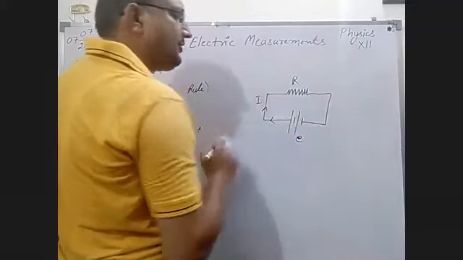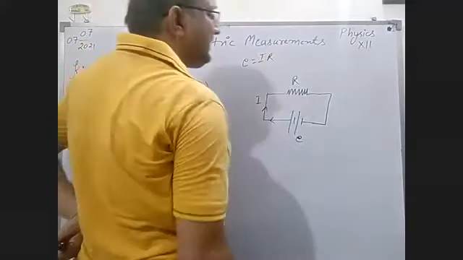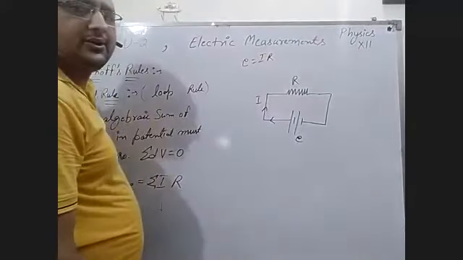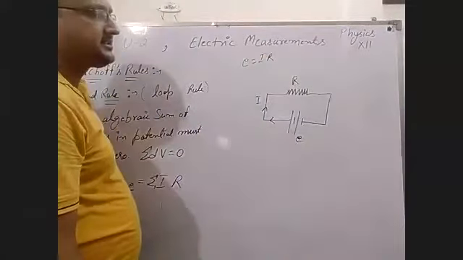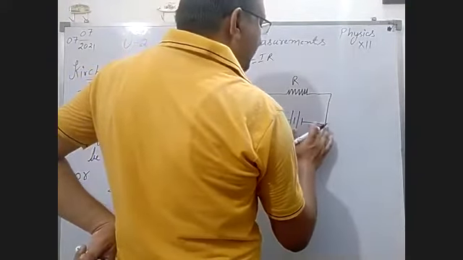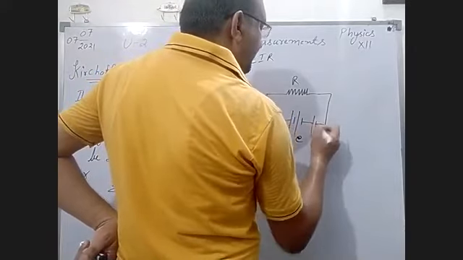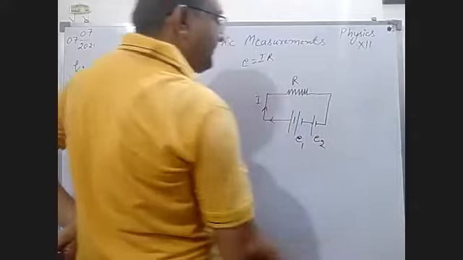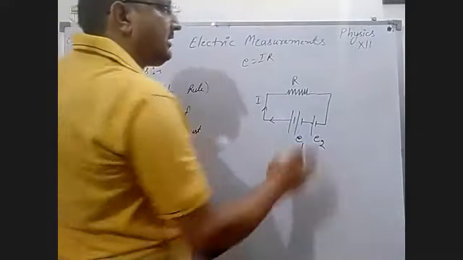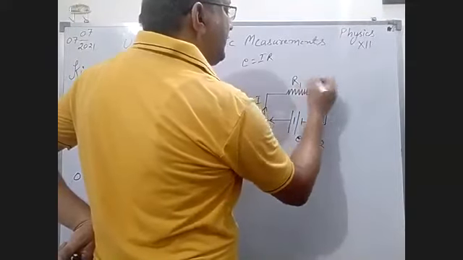By Ohm's law, you can write E is equal to IR in this case. But suppose if you have two batteries here, E1 and E2 in this way, and suppose two resistances are there, R1 and R2.